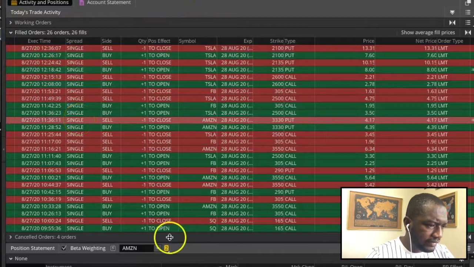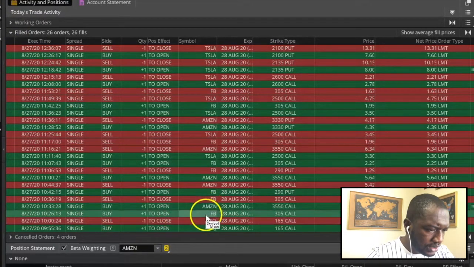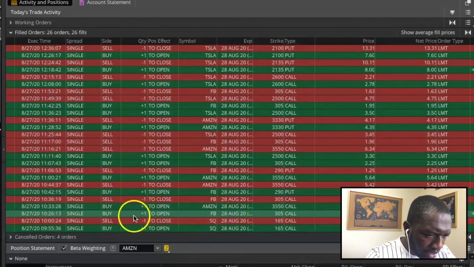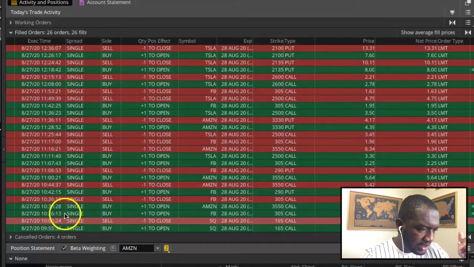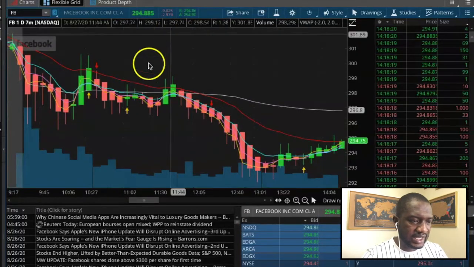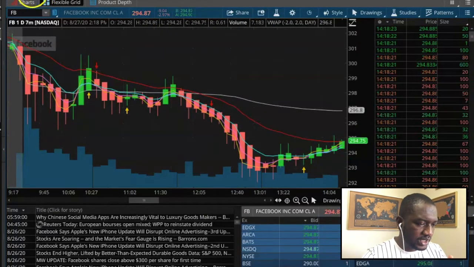Let me check the fills here. So Facebook, the trade went in around what time? There you go. It went in around 10:26.